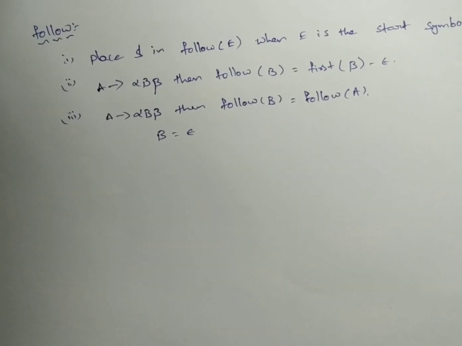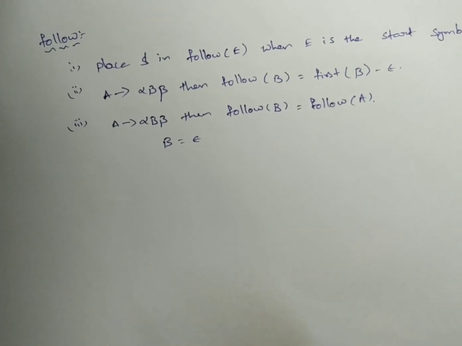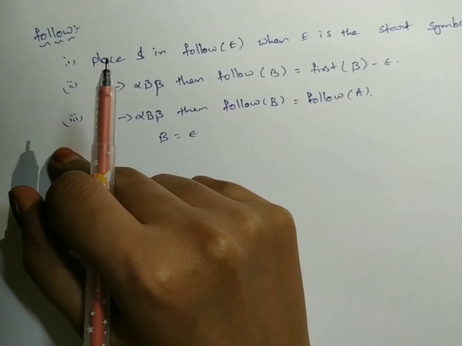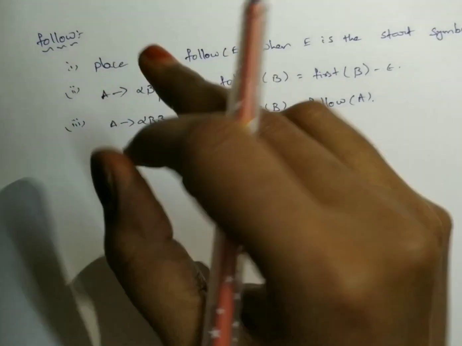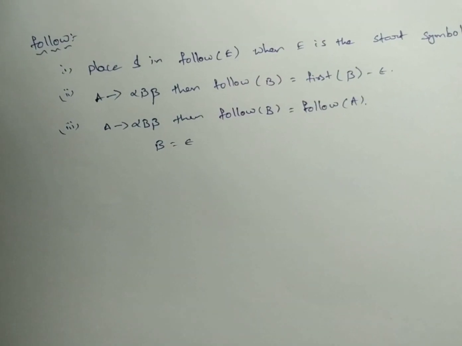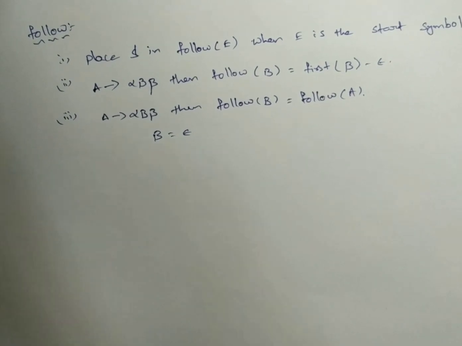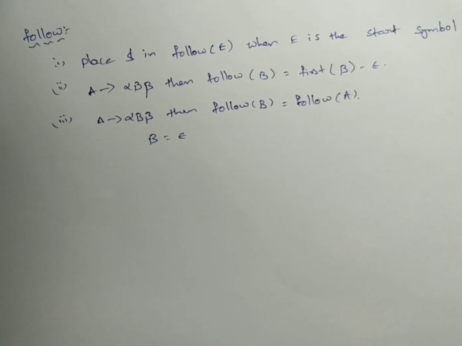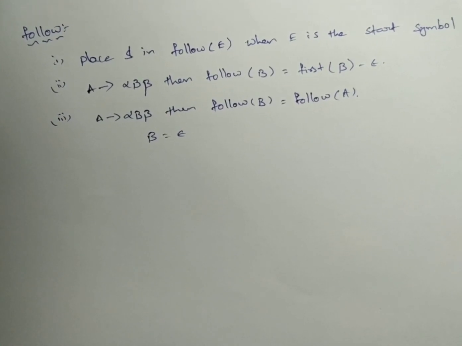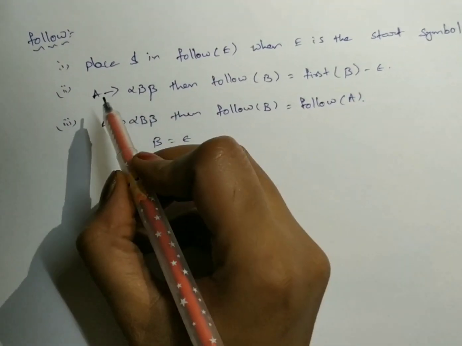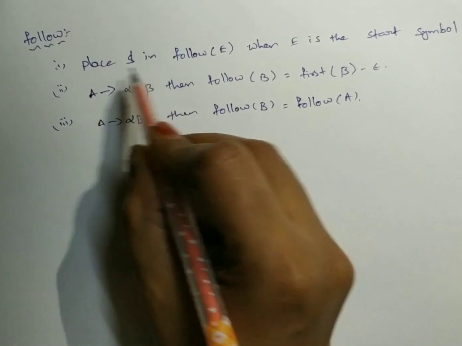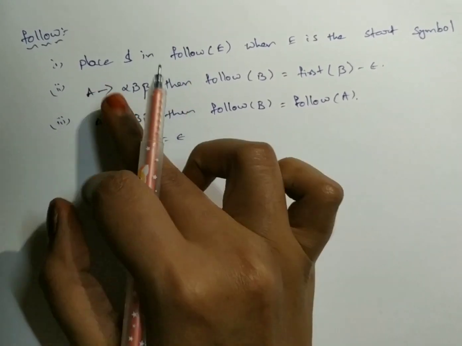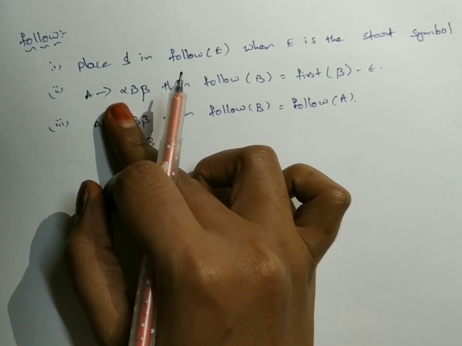Now coming to follow. In order to find the follow of the given grammar, we need to follow these three simple steps. First one is, for the first derivation in the grammar, if we are finding the follow, then dollar will be placed. And the second condition is the follow will be considered by using this formula, A derives alpha B beta. By using this formula the follow will be considered.